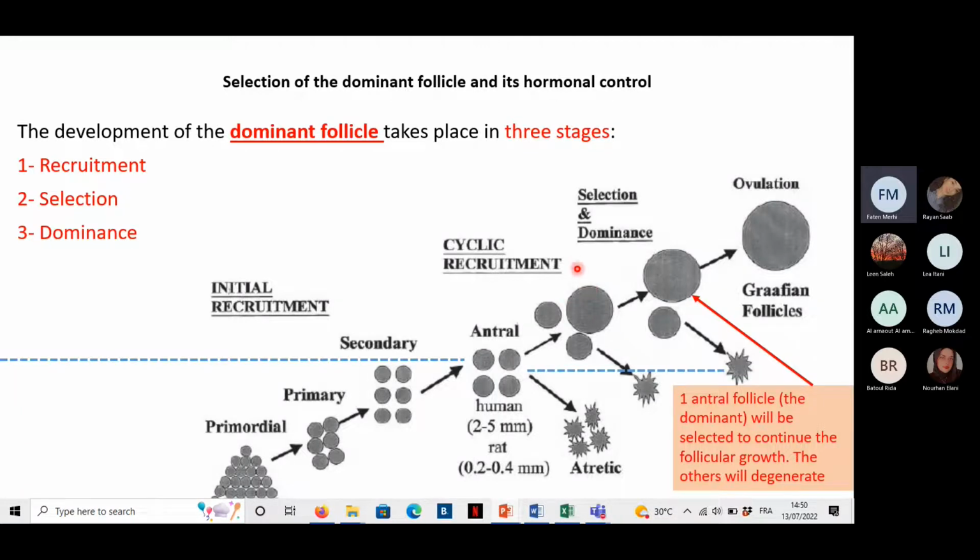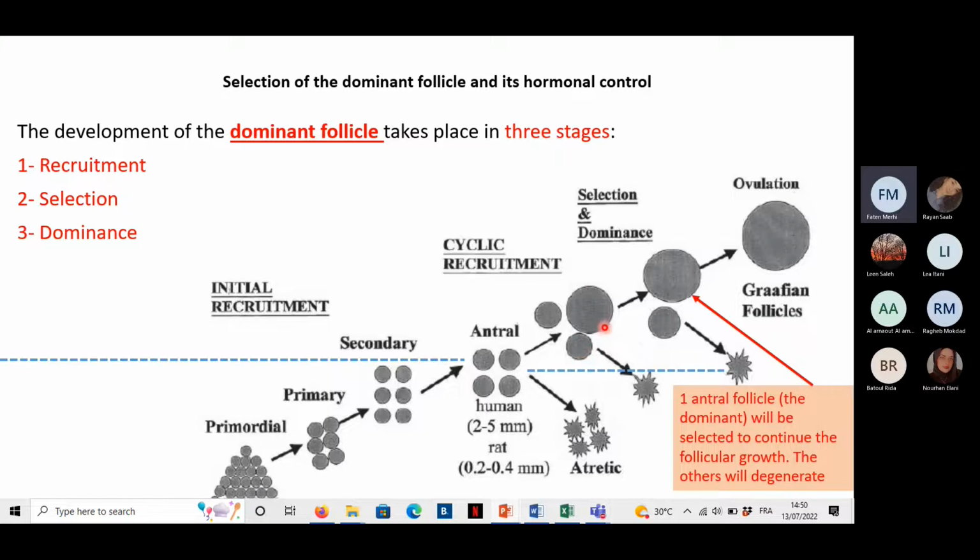Now that we have a drop in the levels of the FSH, what will happen to those follicles? In fact, all of them will die except for this dominant follicle. Only the dominant follicle, the biggest in size, can survive, but the others will die.